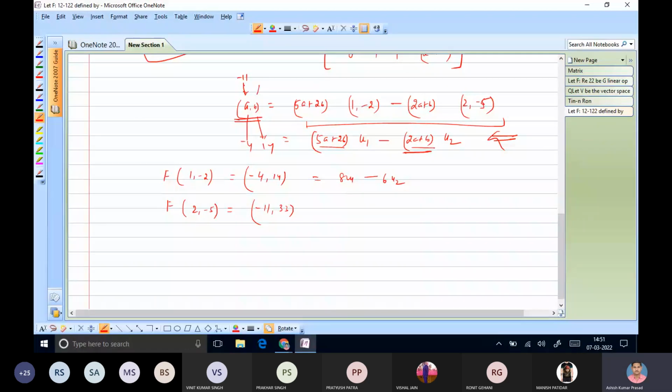So how much am I getting? I am getting 11 u1 minus 11 u2. And therefore, the matrix representation of f relative to the basis is 8, minus 6, 11, minus 11. And you will get this thing.